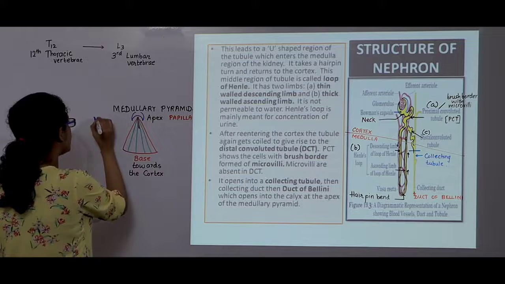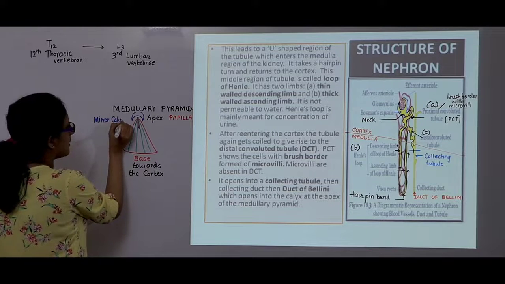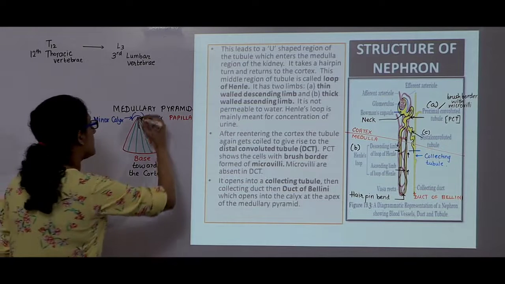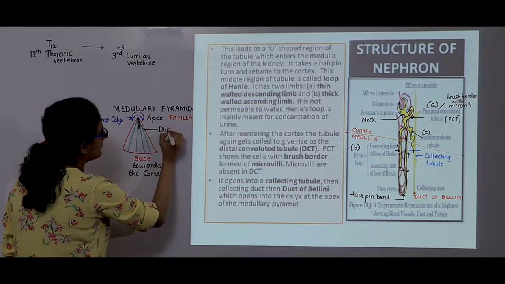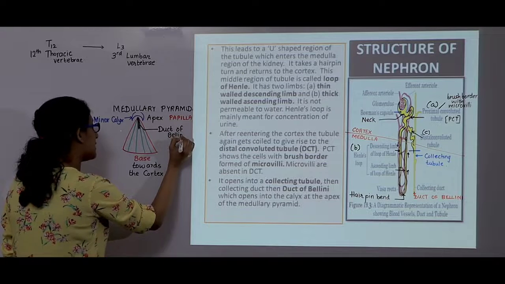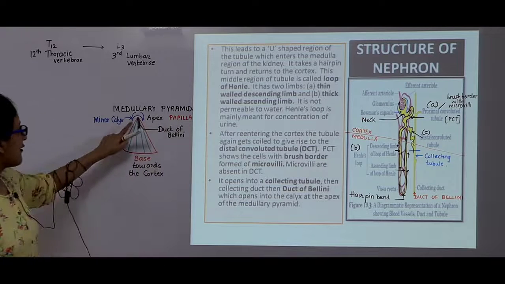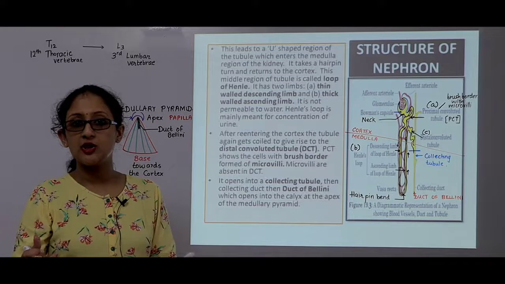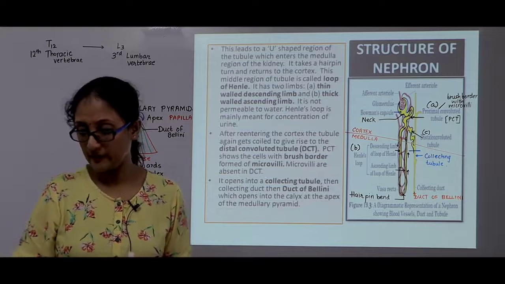The minor calyx will collect the urine from this duct of Bellini. So, duct of Bellini ultimately opens at the apex or the papilla, from where the urine will go into the minor calyx. From the minor calyx, major calyx, pelvis, and into the ureter.